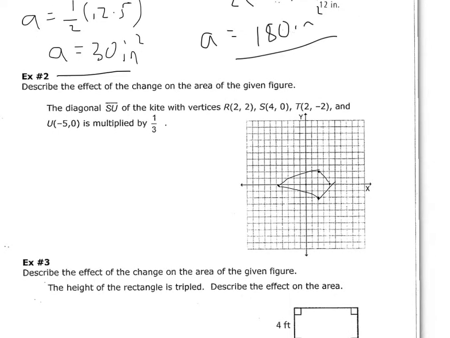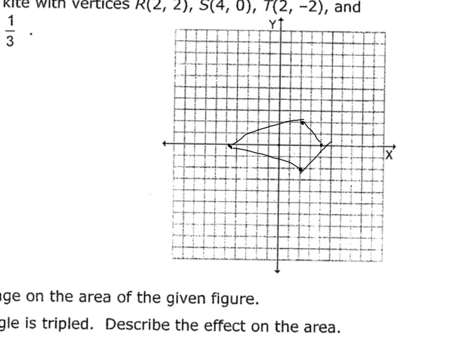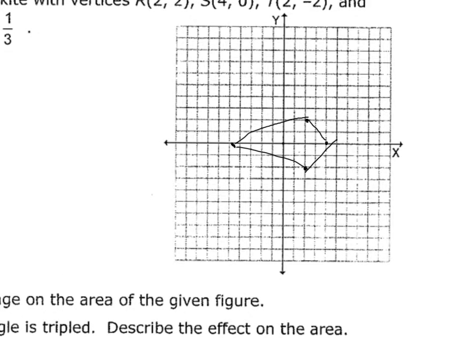Okay, remember your area of a kite is 1/2 diagonal 1 times diagonal 2. Okay, so let's go ahead and find the area of what we've been given. Okay, we got to find the diagonals. So we got 1, 2, 3, 4, 5, 6, 7, 8, 9 for this diagonal.